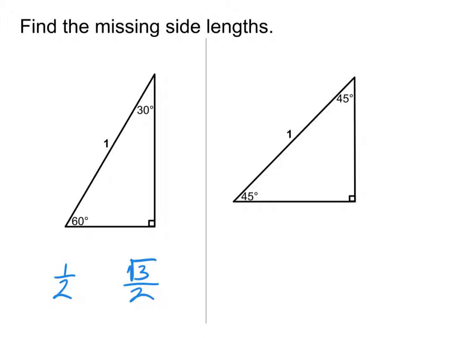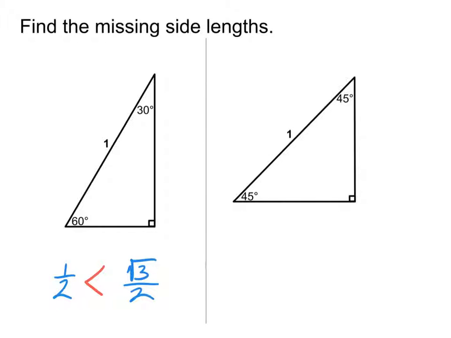And there's actually a few different ways you can know it. One way is, is 1/2 less than root 3 over 2, or is 1/2 more than root 3 over 2? Well, they're both over 2, right? So it's basically which one's bigger, 1 or the square root of 3? Well, the square root of 1 is 1. It's more than the square root of 1. It's the square root of 3, so that one must be bigger.